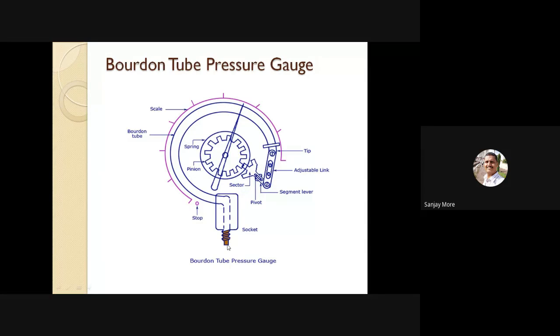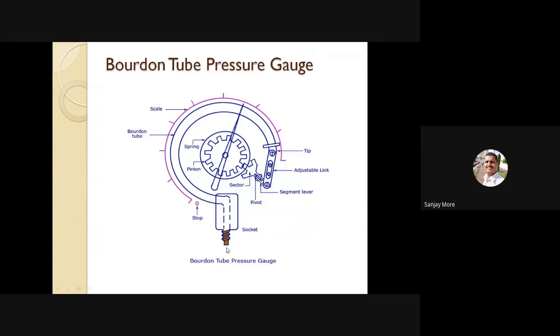Here an air nozzle, meaning a socket, is there. See the construction. This evacuated tube is known as a Bourdon tube. Here the scale is there, and this Bourdon tube is connected to the adjustment link with the help of a rack and pinion sector, and this rack and pinion are connected to the spur gear, and this spur gear is attached to the pointer.